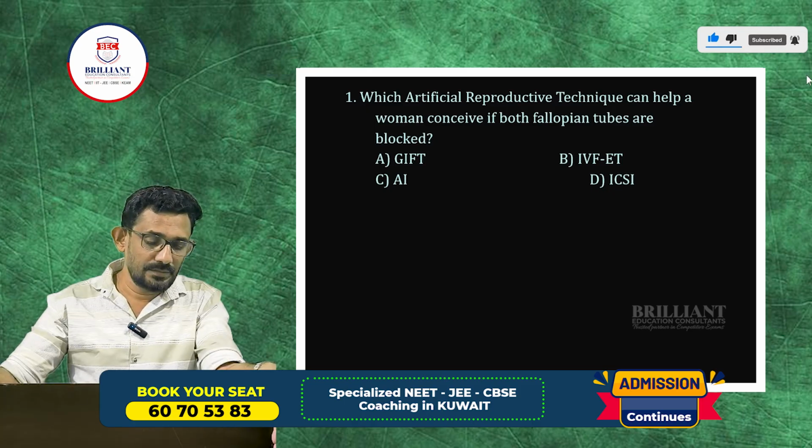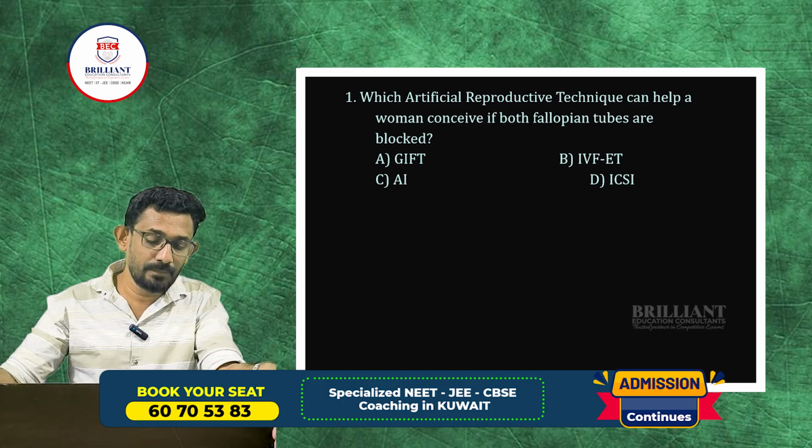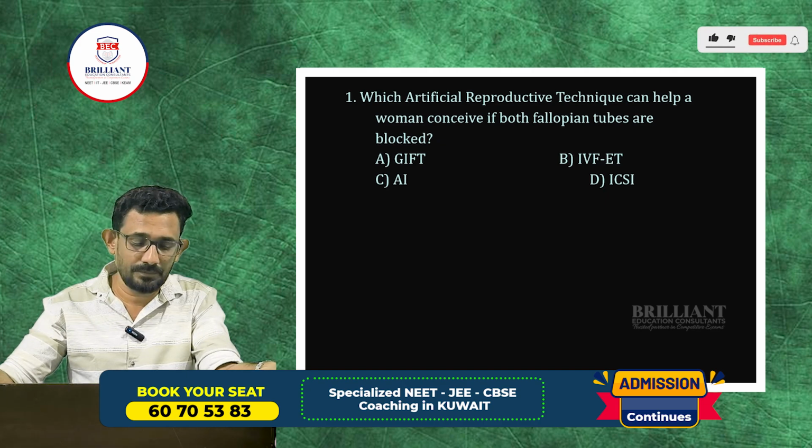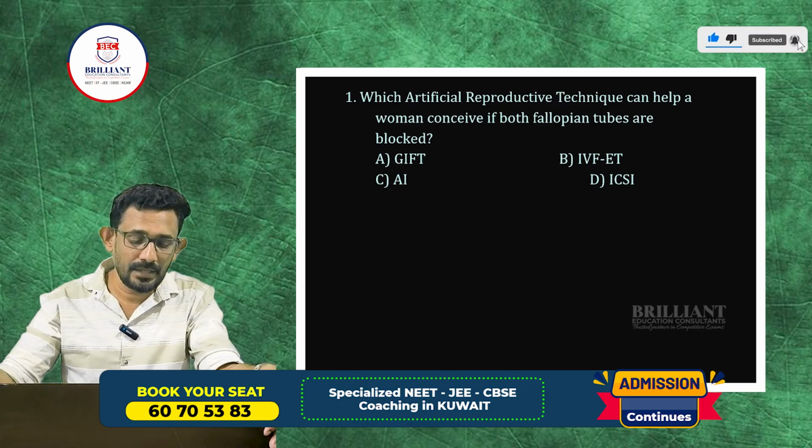The first question is, which artificial reproductive technique can help a woman conceive if both the fallopian tubes are blocked? You know that fertilization occurs in the fallopian tube. If both the fallopian tubes are blocked, the only possibility is to do IVF or embryo transfer. IVF means in vitro fertilization, ET means embryo transfer.